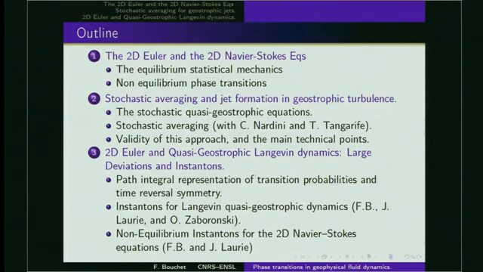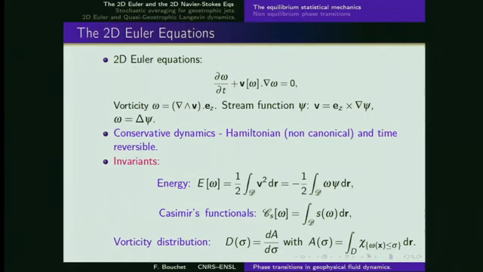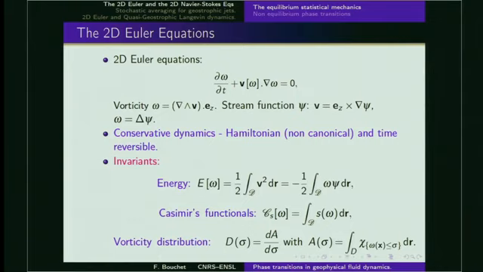Most probably I will not have time to talk about the third part, which is about instantons and transition pathways, but I guess that Eric van den Eijnden will speak about things which are very similar later on.